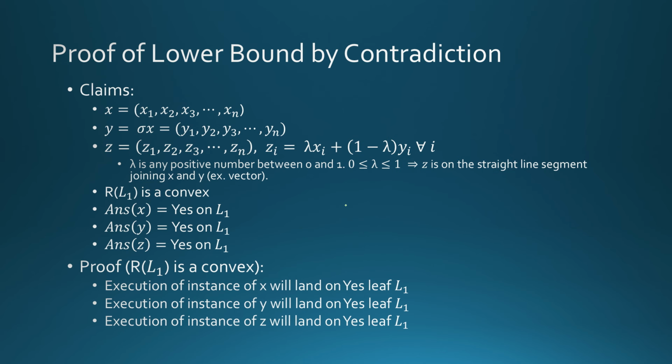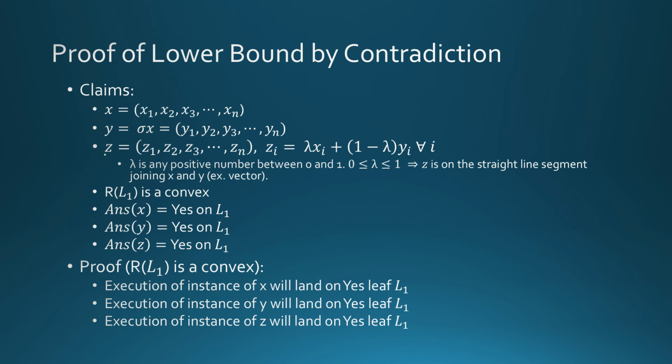We're going to prove this by contradiction. We keep the same claim that x is x1, x2, x3 all the way to xn, and y is a permutation of x, the same concept, which means it has the same elements, just in a different mixed-up order.